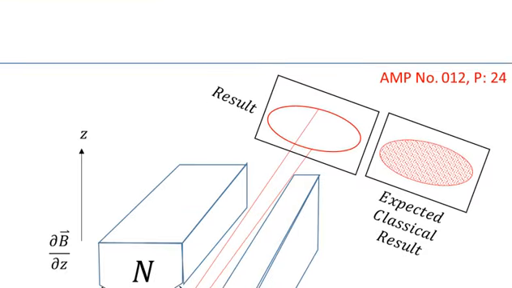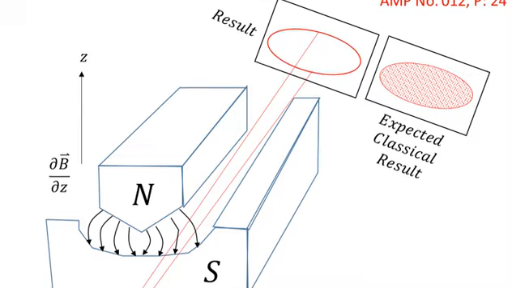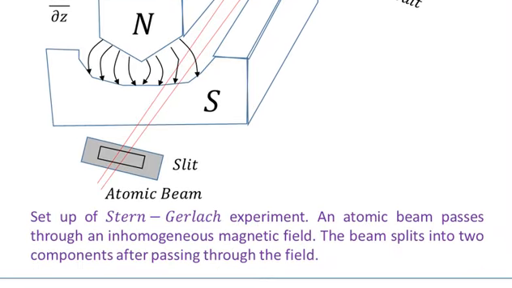So let me show you the experimental setup first, and then I shall go ahead. This is the setup of the Stern and Gerlach experiment. An atomic beam passes through an inhomogeneous magnetic field, and the beam splits into two components after passing through the field.